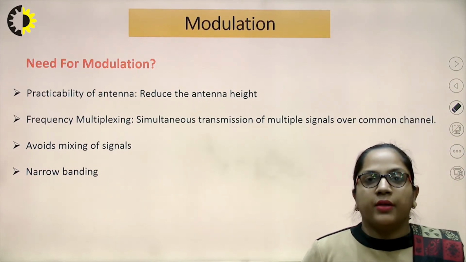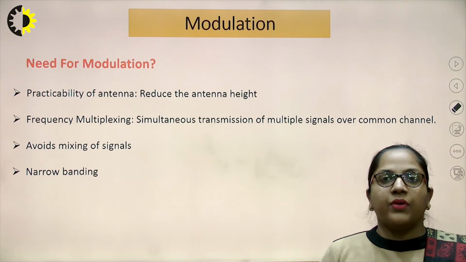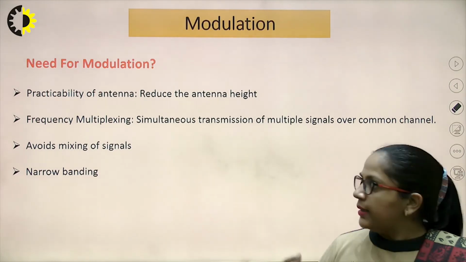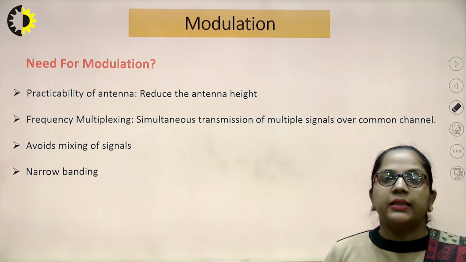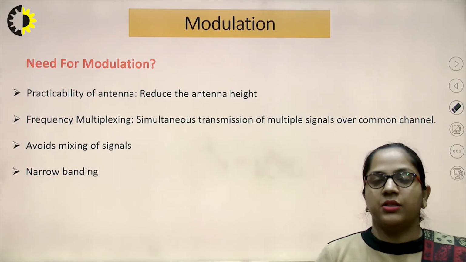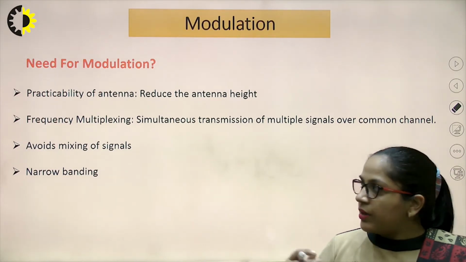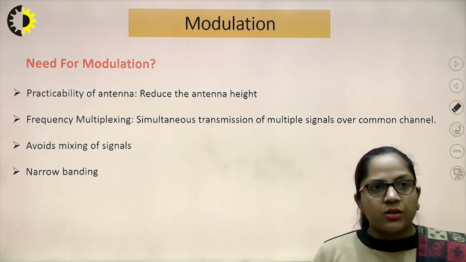The next requirement of modulation is that it will help us to perform a very important function, that is frequency multiplexing, and the third one is the avoidance of mixing of signals, that is, it will help us to reduce the interference. What is the meaning of frequency multiplexing and avoiding mixing of signals?